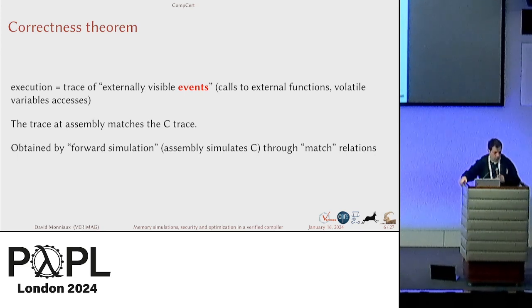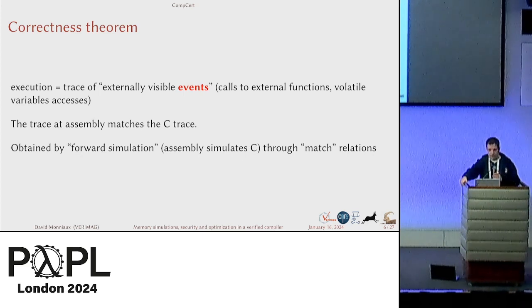And the external world is things like a call to external functions, such as system calls, or accesses to volatile variables, especially you would think of volatile variables that map to system registers and actually act on the hardware. I mean, if you're thinking low-level code, things that people put in safety-critical embedded systems, then they certainly have to interact with the hardware of that system.